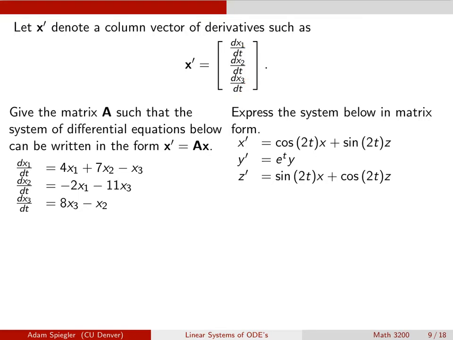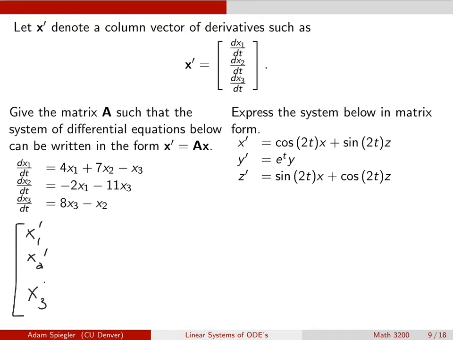So what's nice about these methods that we're going to talk about is they scale up very easily for systems of 3, 4, 5, 6 differential equations. So if I want to write this in matrix form, where I have a vector of derivatives equal to some matrix of coefficients times a vector of x values. So for the first one, my matrix would be x1 prime, x2 prime, x3 prime.